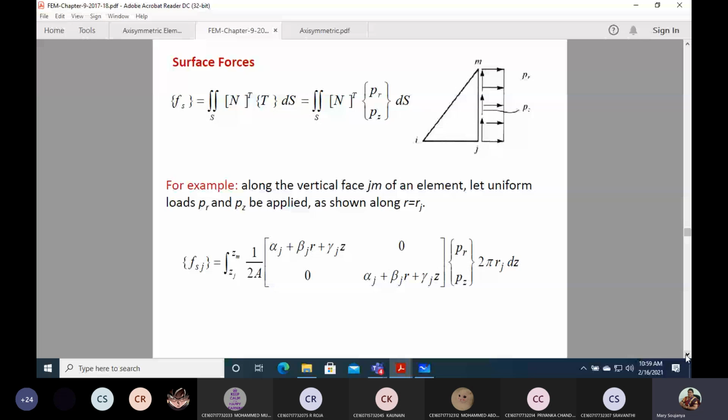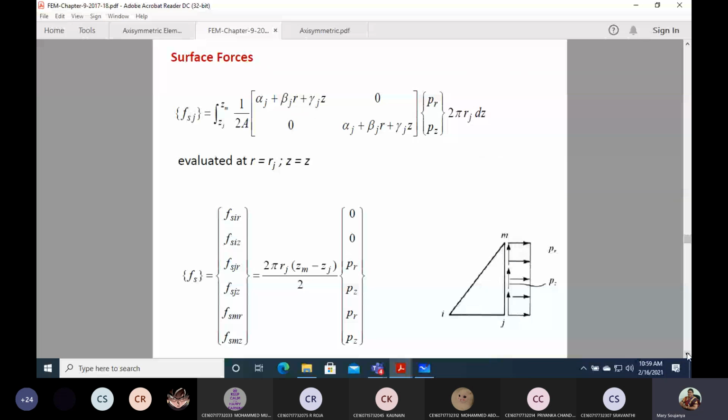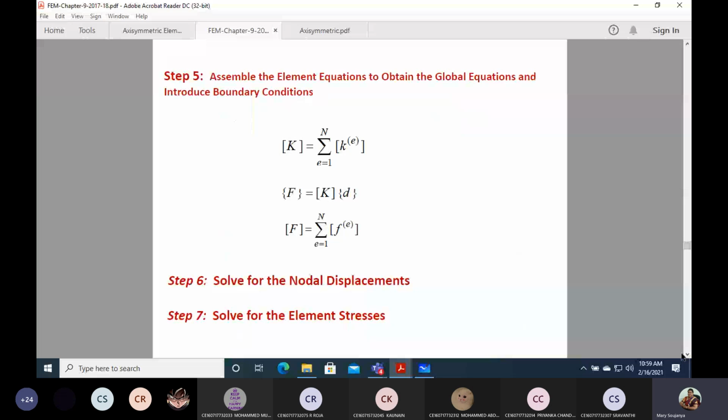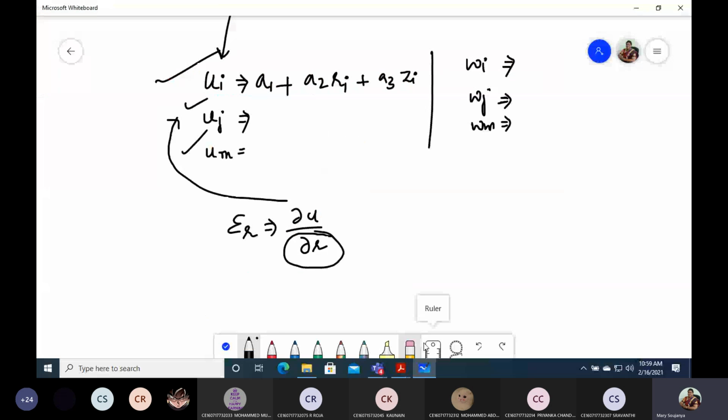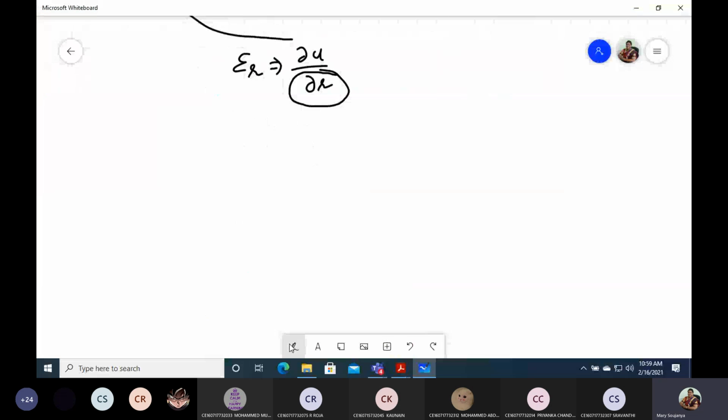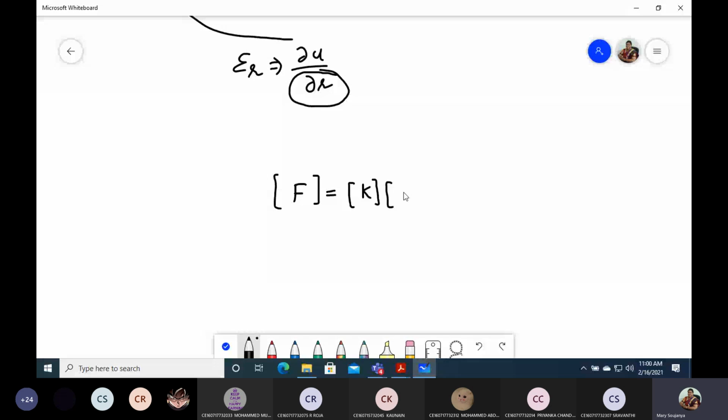Finally, when we have the stiffness matrix and the force matrix, ultimately what we are trying to get is the relationship: the force matrix is equal to the K matrix into the elemental displacement matrix.